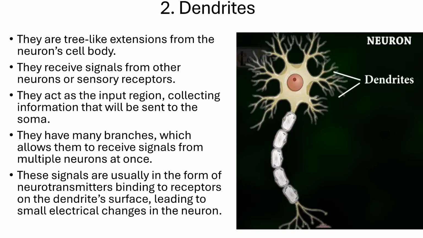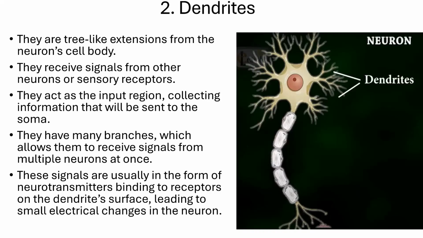Then we have the dendrites. These are tree-like extensions from the neuron's cell body. This one. They receive signals from other neurons or sensory receptors. The dendrites act as the input region, collecting information that will be sent to the soma, to the cell body. They have many branches which allows them to receive signals from multiple neurons at once.